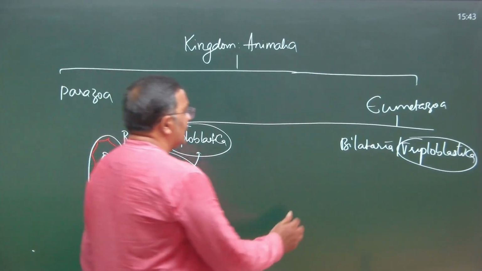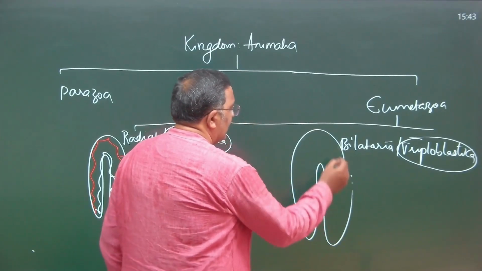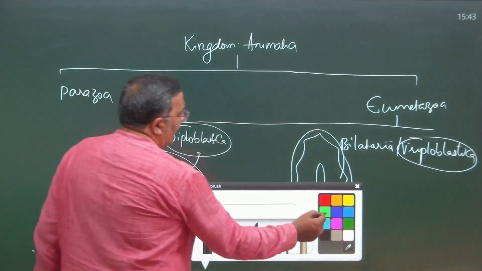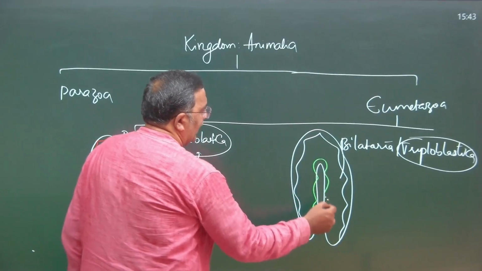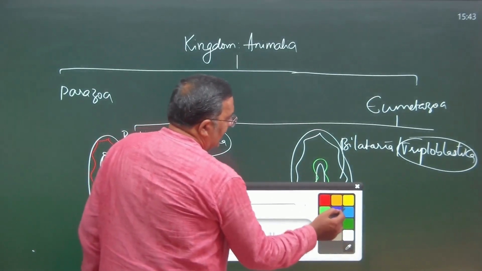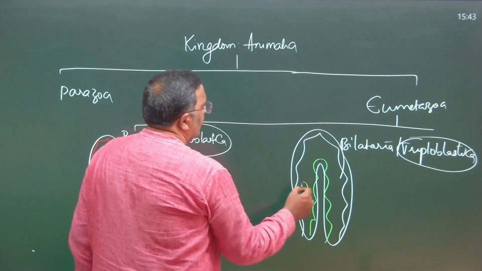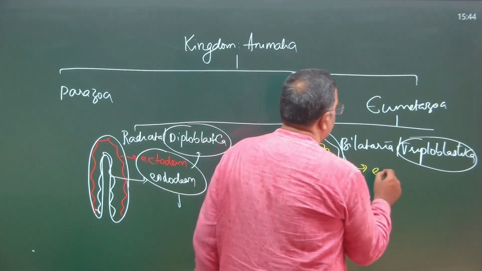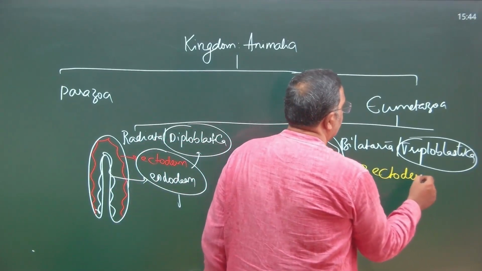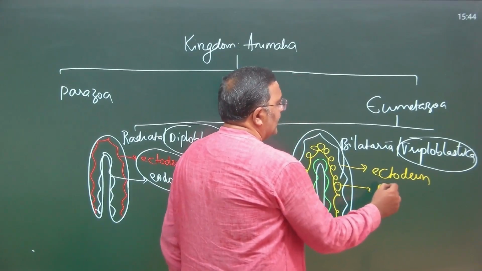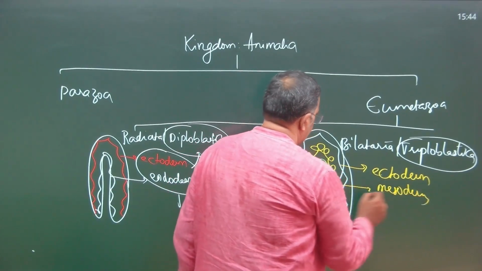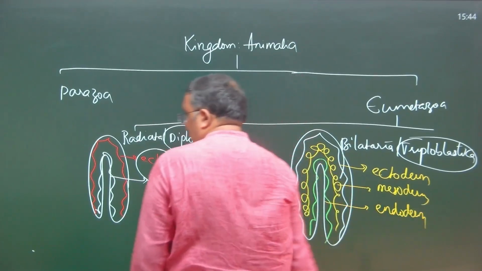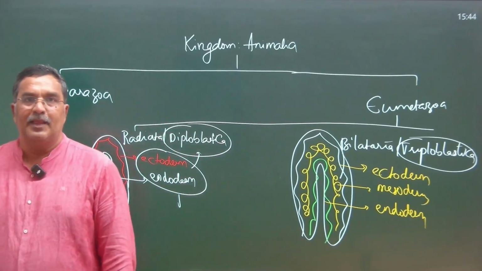If the germ layers are three, that means the outer layer, as we said, ectoderm, the middle layer, called mesoderm, and the inner layer, endoderm.